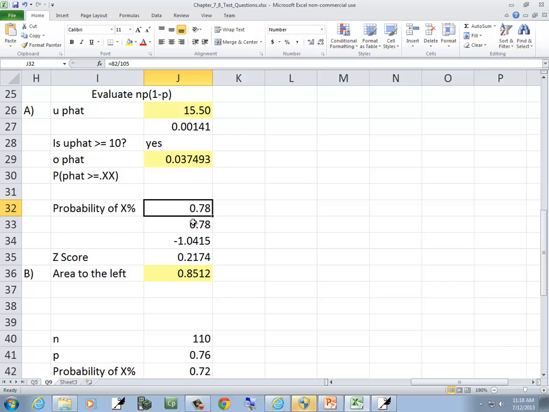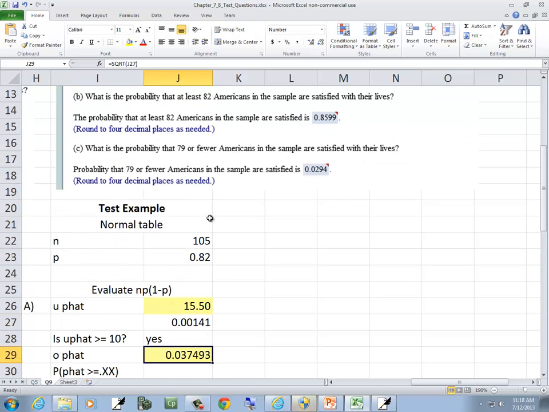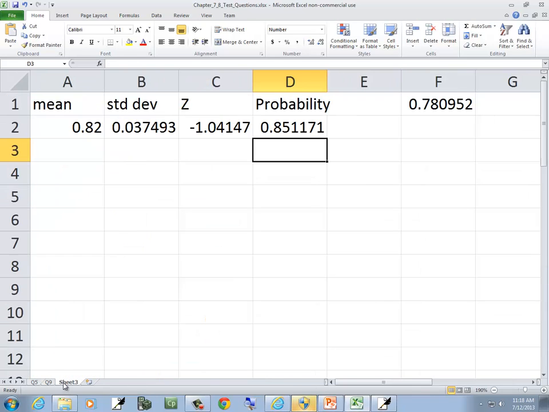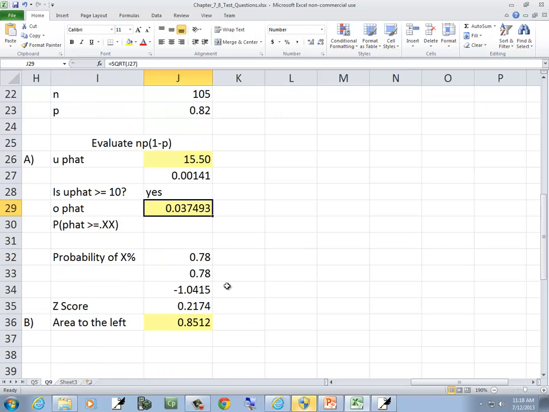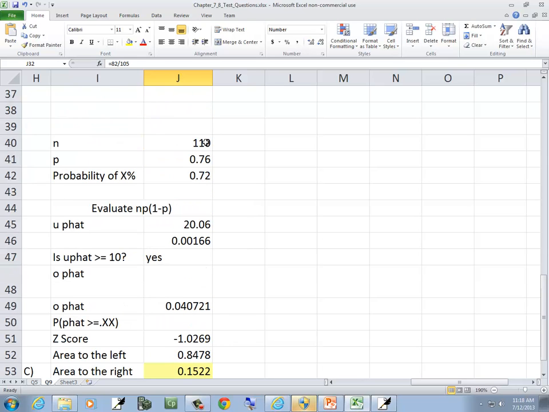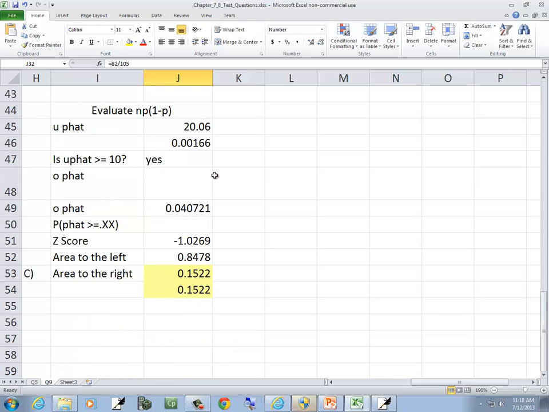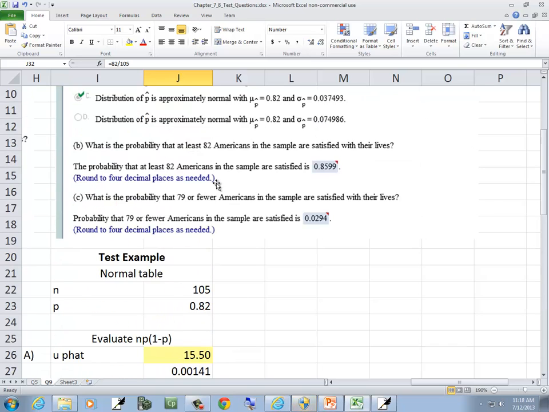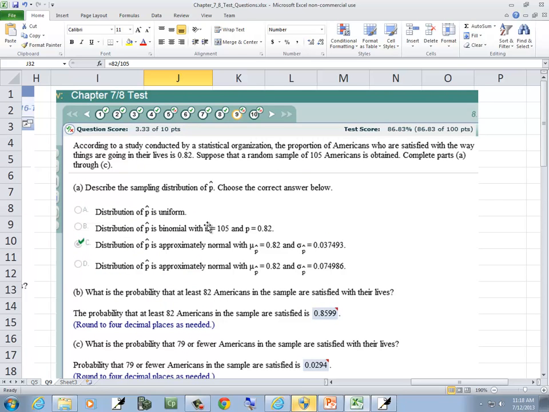Not quite sure if I see a p hat. I'm probably looking right at it. Is that it there? 0.78. Divided by 105. So that's 105 there. Oh, this one's changed. It's 110. Nah, never mind. Looks like it's correct. I'm just guessing they didn't put the Excel version of this. I'm going to go in and modify those to give you credit on those. Anyway.